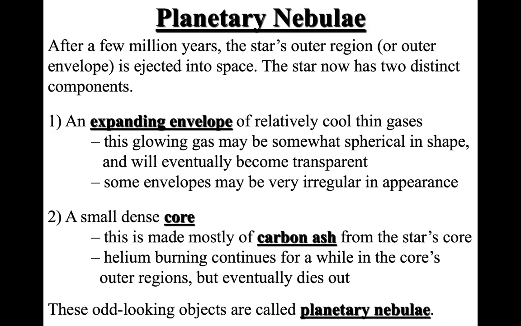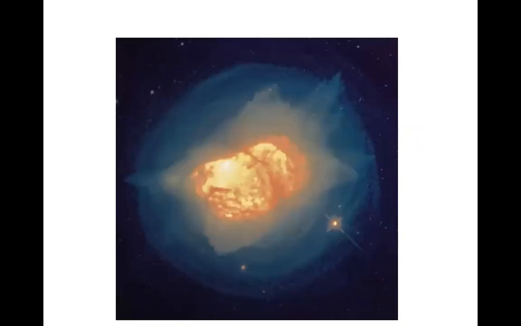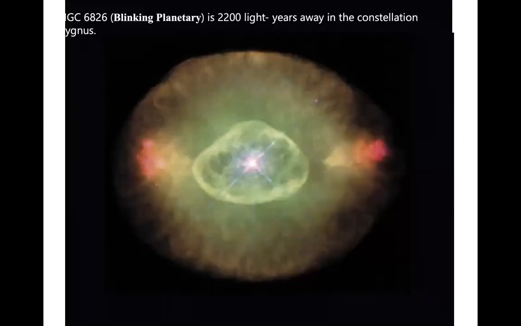Now over time this hydrogen shell in the outer region will expand, and after a few million years you will clearly have two distinct components in this star, that is an expanding envelope and this dense core with carbon ash, right? And we call this object a planetary nebula. So that's what happens, and here are a few different types of planetary nebulae, and this one is called the blinking planetary nebula.